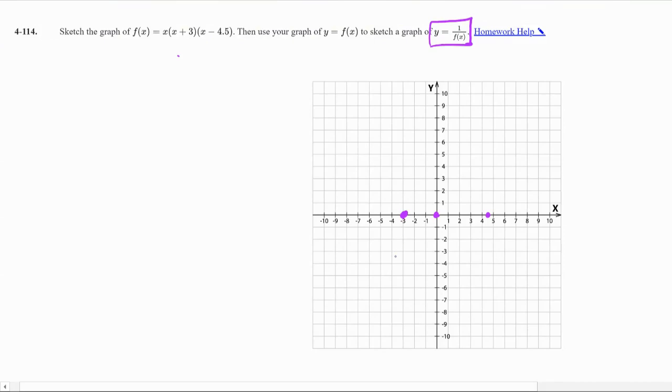So my sketch from here, again, just kind of a generic sketch, looks kind of like this when I'm graphing that. In orange here, I'm going to now use what I know about reciprocals to graph. So when I do this, remember, it's just like saying 1 over all of this here.